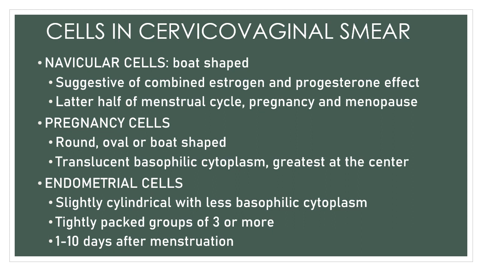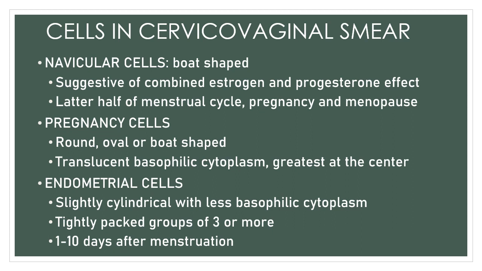And then you have your pregnancy cells. They are round, oval, or boat-shaped cells with translucent basophilic cytoplasm, observed greatest at the center due to glycogen accumulation.